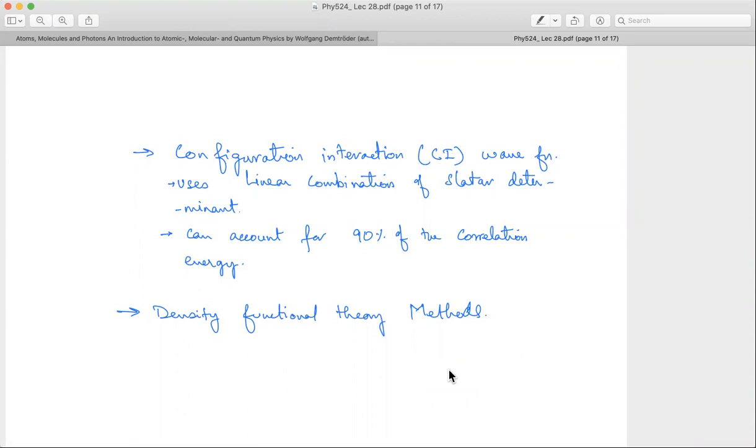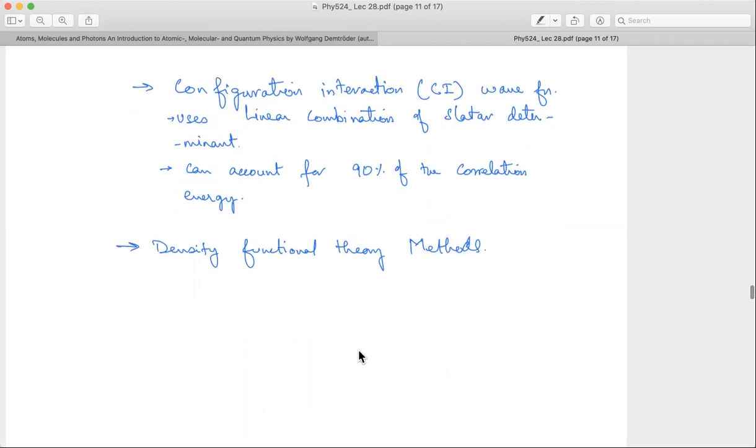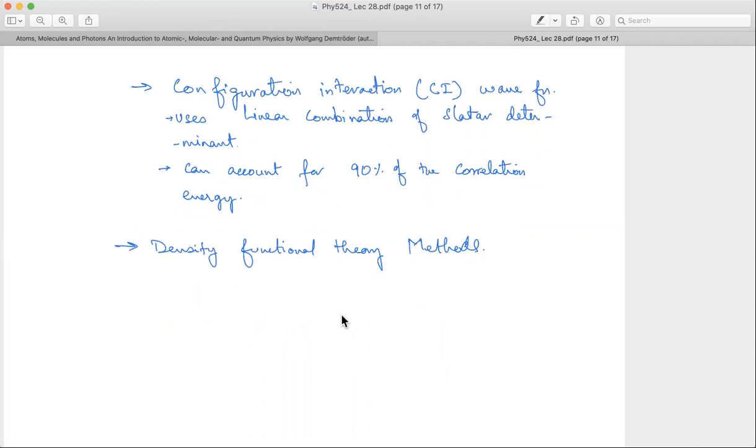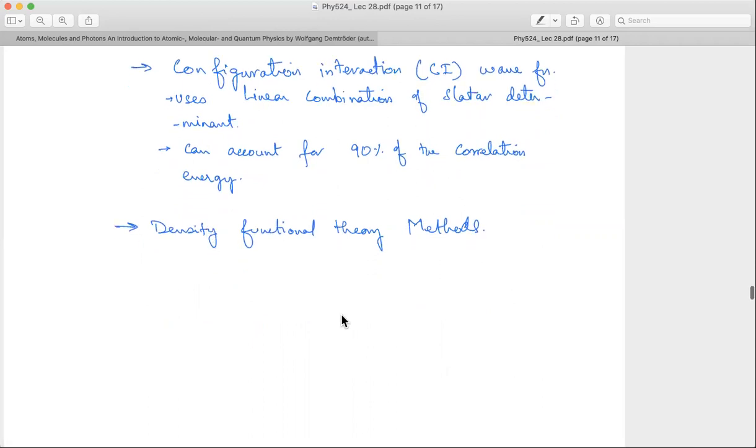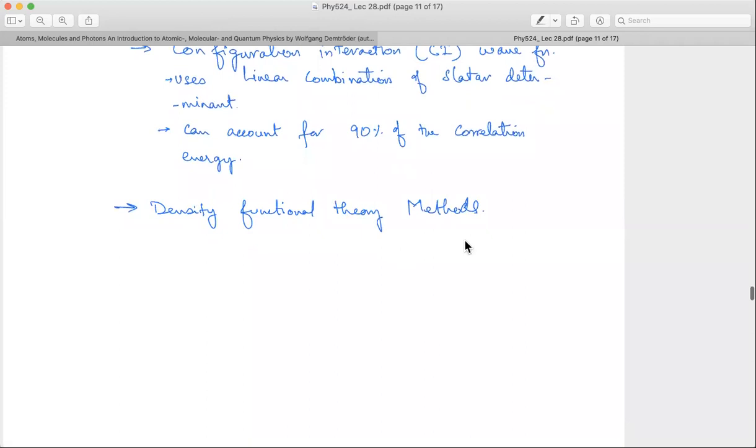Using this, I can self-consistently determine the most effective potential coming out of the 1/R, 1/R_AB, 1/R_12 kind of terms, what the exchange contribution is, and what the Hartree contribution is, and use those approximations to calculate the self-consistent charge density. So this is also a very active method under active research.